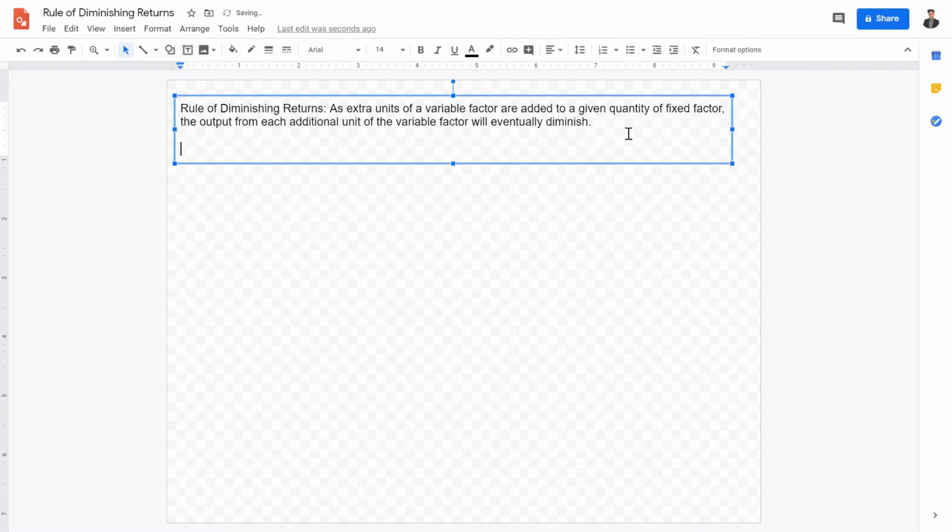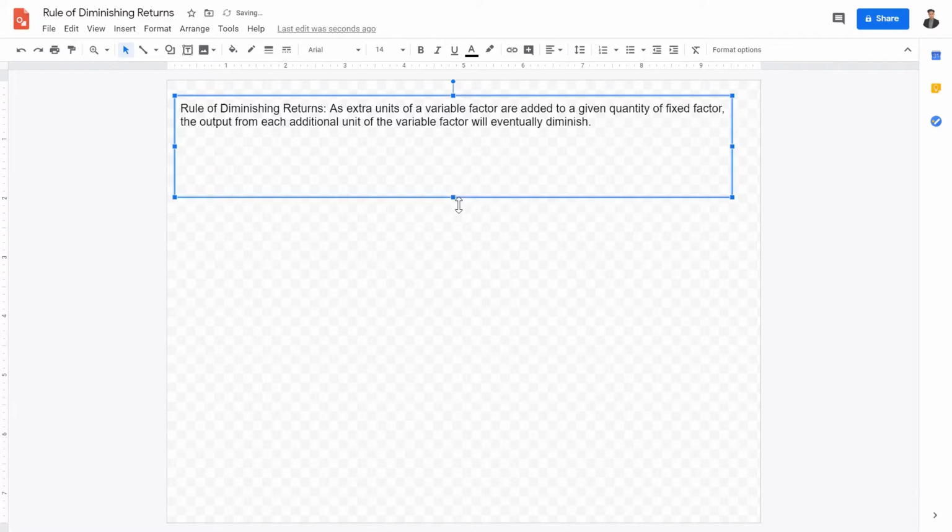In order to understand the rule of diminishing returns, the first thing we have to identify is short versus long term. In economics, we often talk about the short term versus the long term. What does this mean? It doesn't really refer to a time period. Rather, the short term refers to when at least one factor of production is fixed, or does not change.